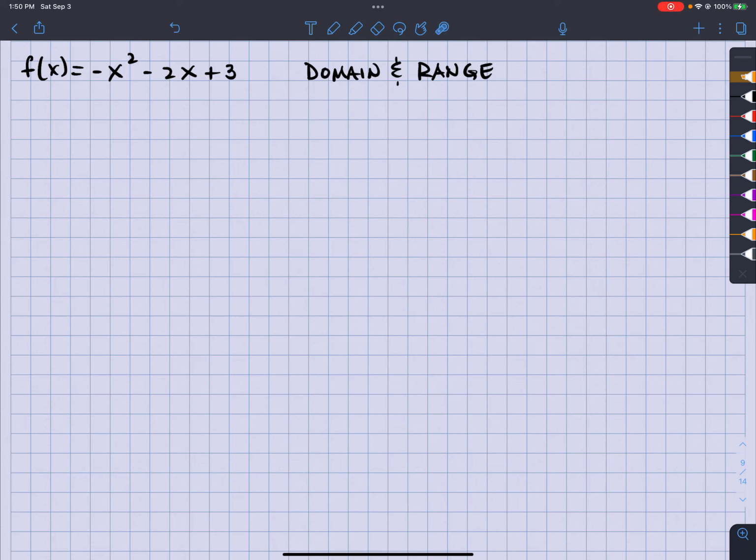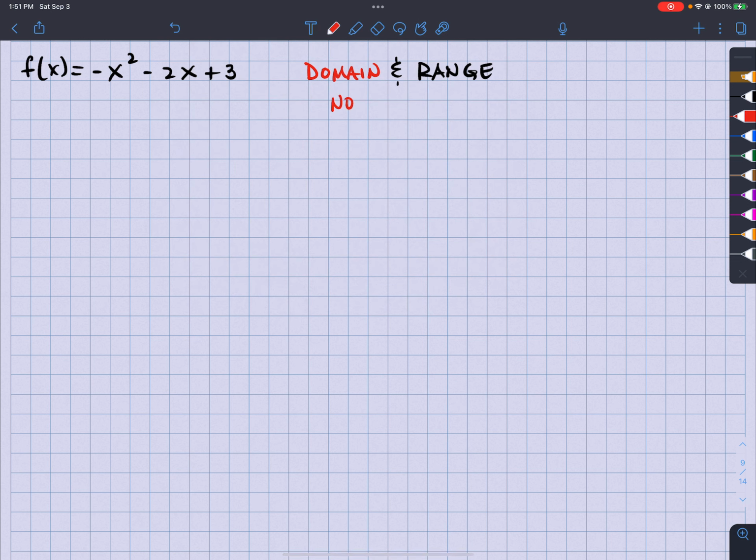All right, so we're talking about with a given function, how do we find the domain and the range? Domain, simple. The reason is because I see no fractions. I see no radicals, right? So again, domain, let me make that red.